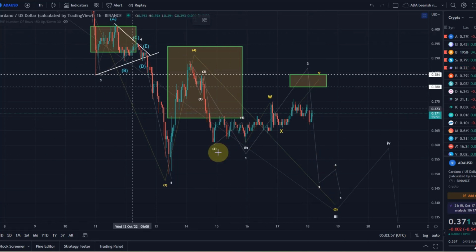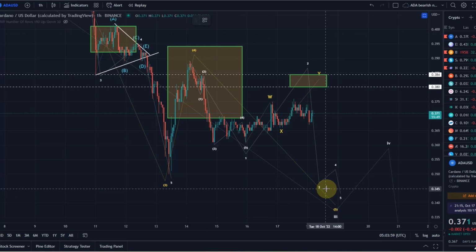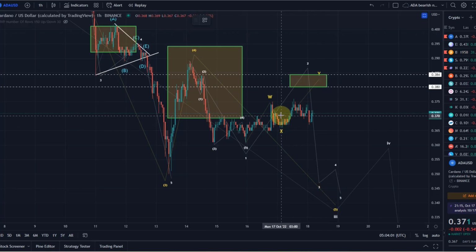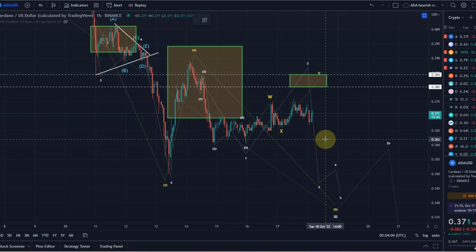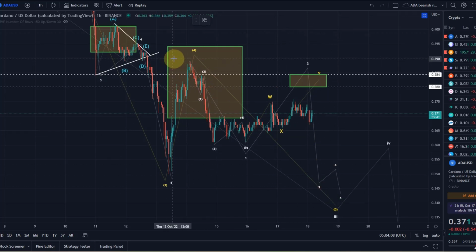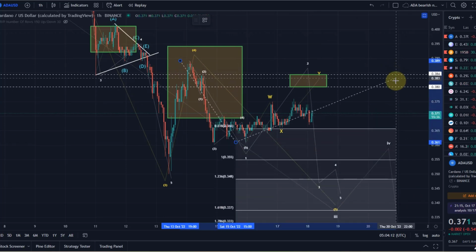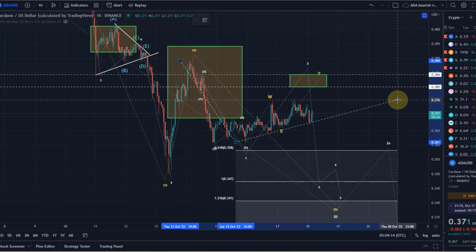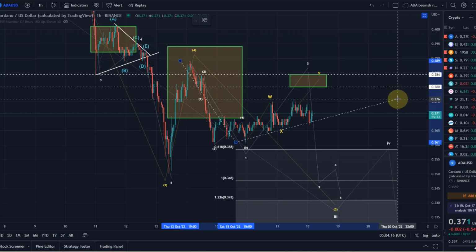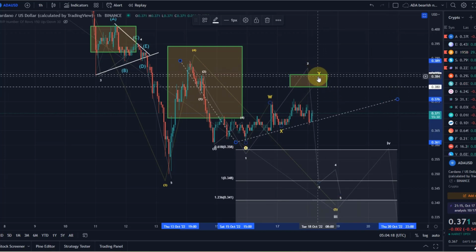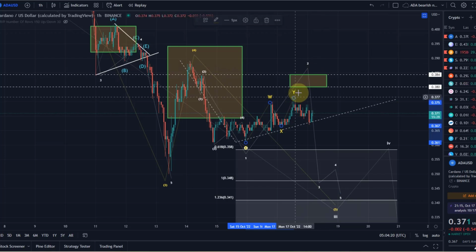We can calculate the target again for the 3rd wave here as well, and in this wave count it would be taking the length of the wave 1, going all the way to the high of the wave 2, which would be the Y wave here.